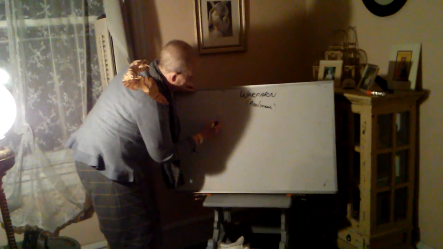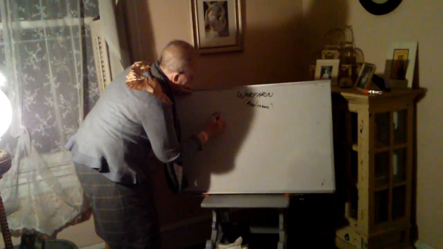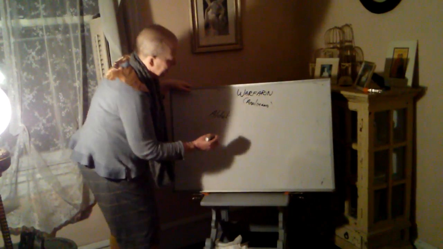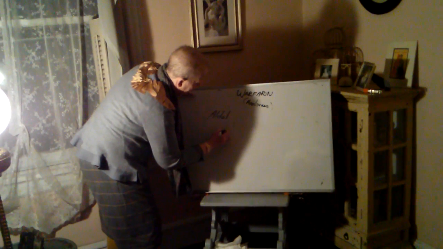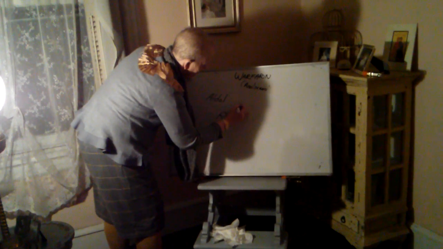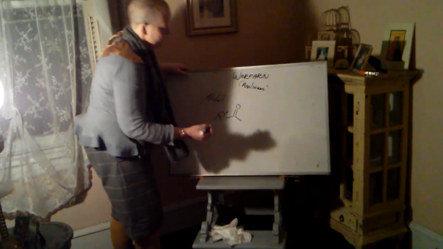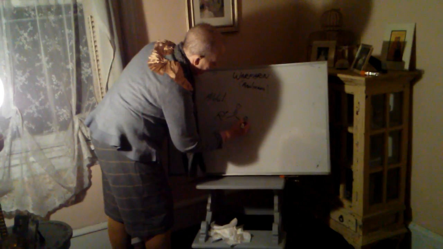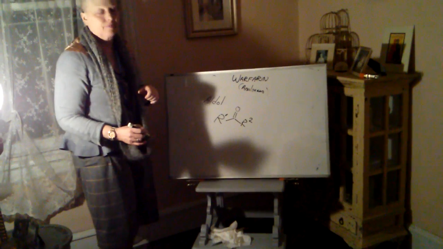But in general, an aldol, and this will be sort of the end of my lecture, what you do is you have an aldehyde or a ketone. I'm going to call this R1. I'm going to call this R2, aldehyde or ketone.